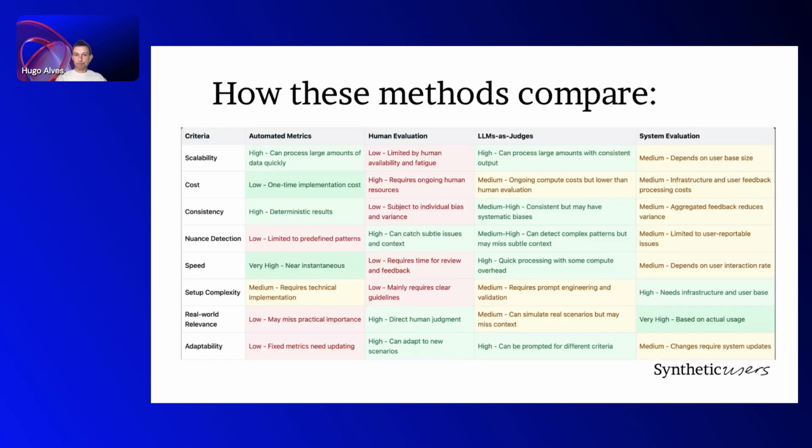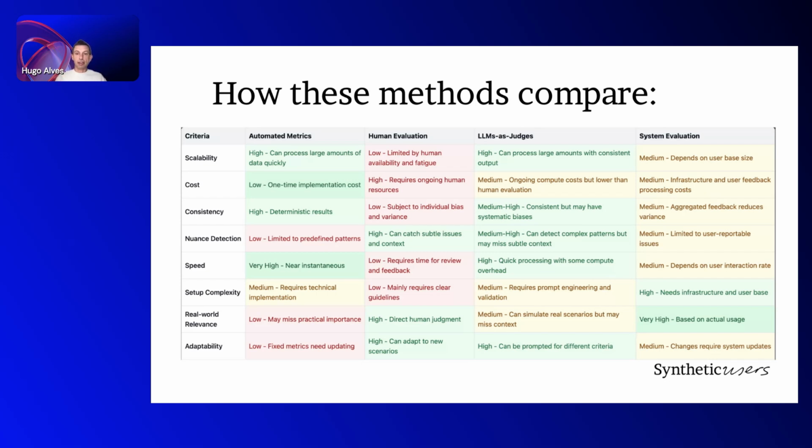Here on this, I'm going to share, of course, the presentation afterwards. Here you can see how these different methods compare according to various criteria. So essentially, scalability. Of course, automated metrics are the most scalable ones. Human evaluation, the least scalable, because of availability, costs, and fatigue. Then cost, consistency, nuance, speed, and setup complexity.